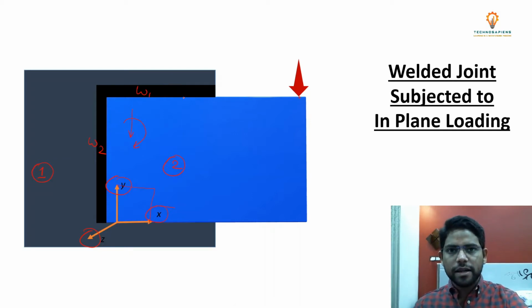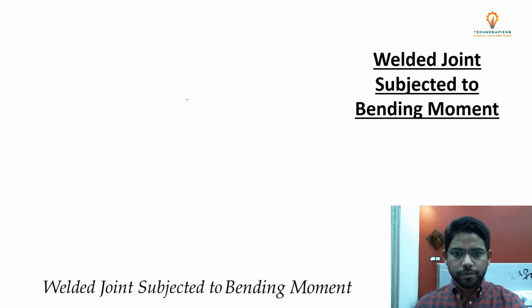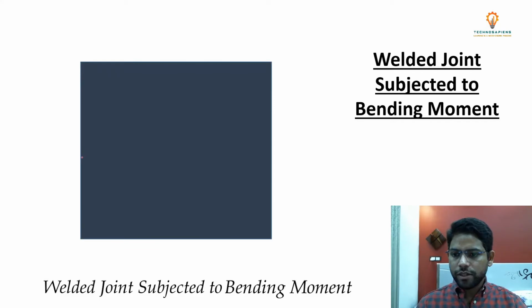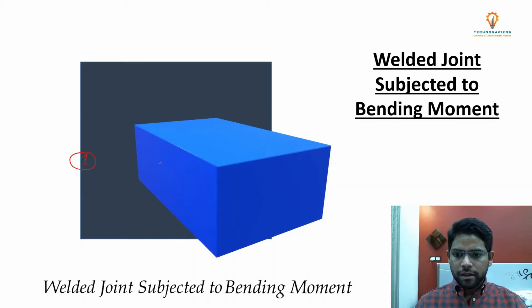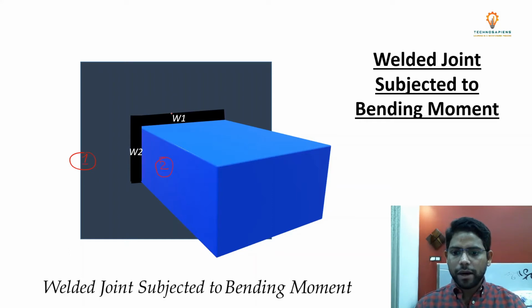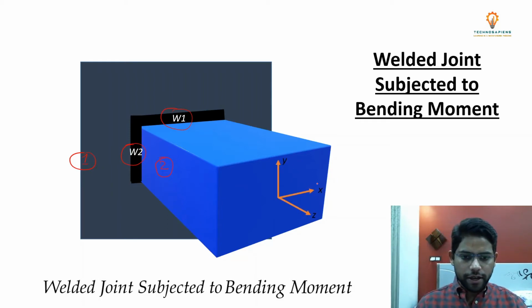Whereas in this case, where the welded joints are subjected to bending moment, again you have a plate like this. This is your first plate, and a beam or cantilever beam, which we will call the second plate, is over here. These are your weld number 1 and weld number 2, and your Cartesian coordinate system is placed in such a way that this is your x direction, this is your y direction, and the length of the beam is in the z direction.